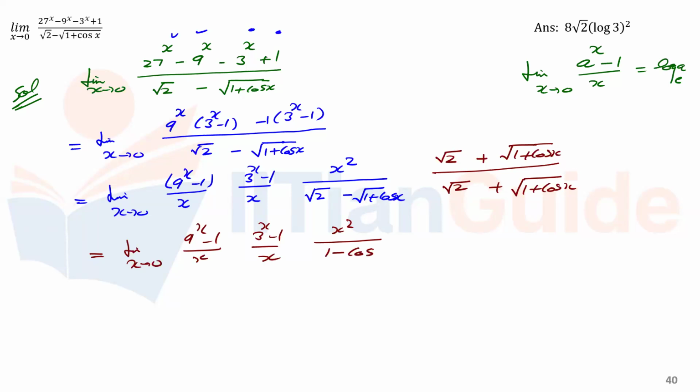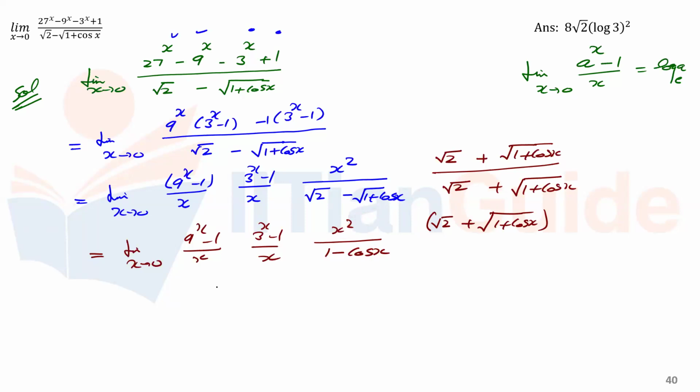I will get 1 minus cos x, and here I will get root 2 plus root of 1 plus cos x. Now we can use the half angle formula here, and as I told you, 1 minus cos x upon x square is 1 by 2. I am writing directly.